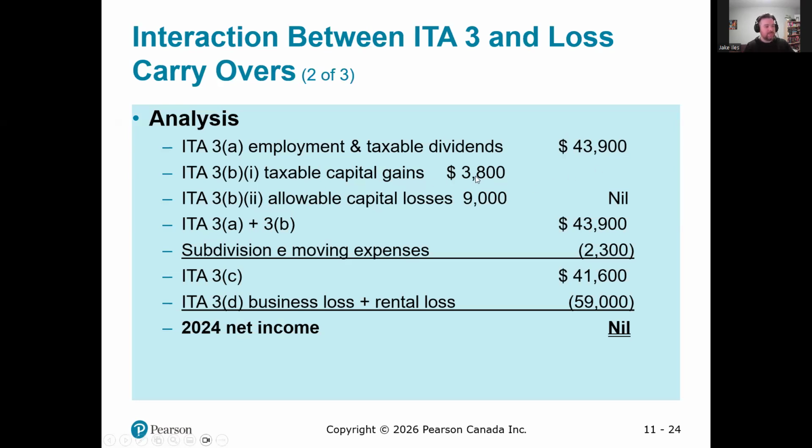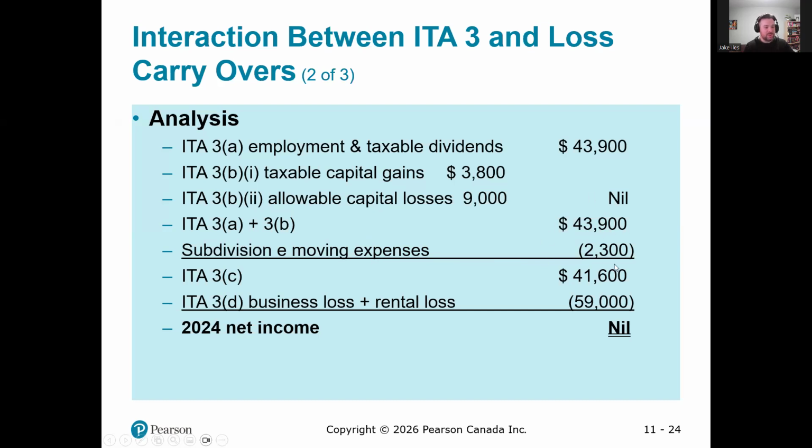Our taxable capital gains were 3,800, but our allowable capital losses were more than that, 9,000. So once that income portion gets to zero, we stop there. Anything that's left over will be carried forward. So 43,900, we have nothing to add to it, but we can subtract some moving expenses, 2,300.